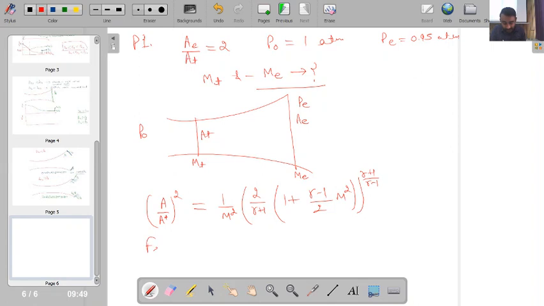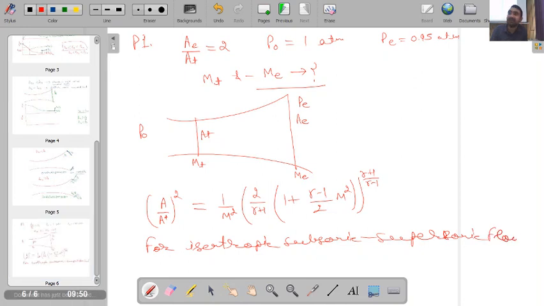This is important, for isentropic subsonic-supersonic flow, exactly the ideal condition, A star is equal to AT. The area at the throat is equal to A star, because at A star we get the sonic Mach number, and AT is the area of the throat. So if we have this type of ideal situation, then at the throat only we will get the sonic condition. So A star equals AT.